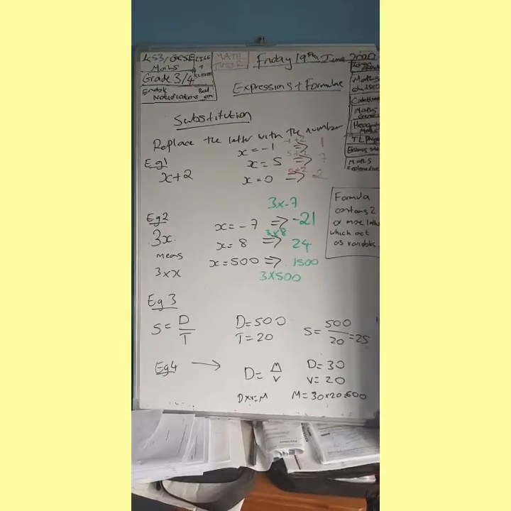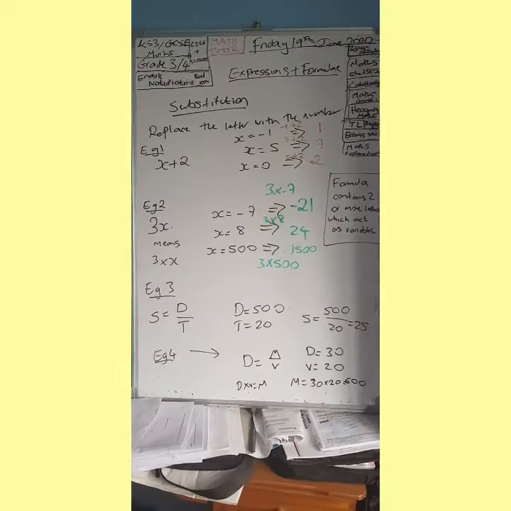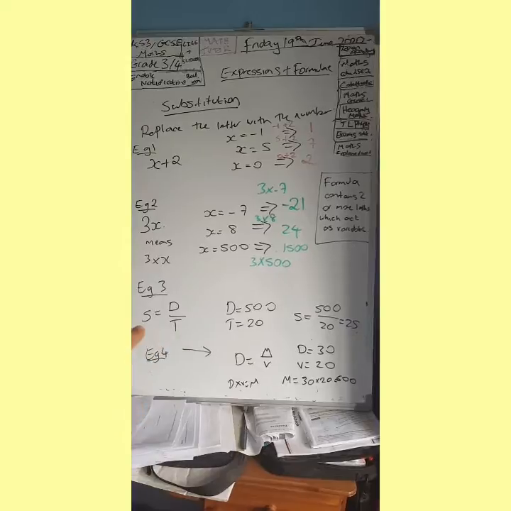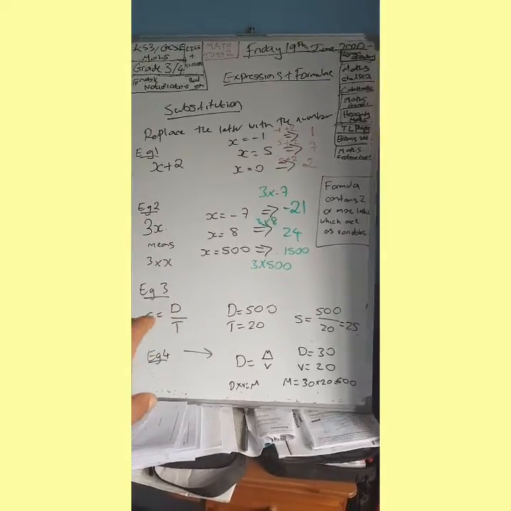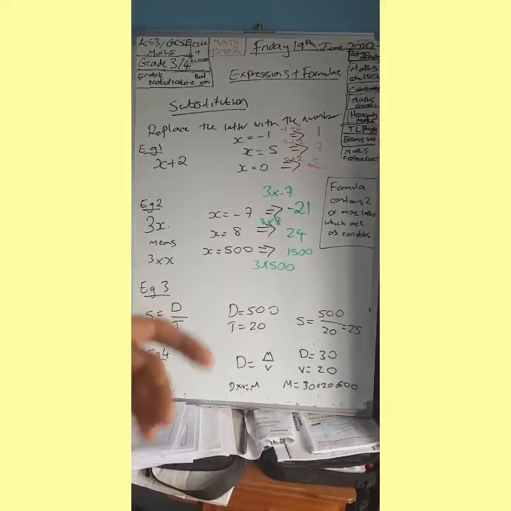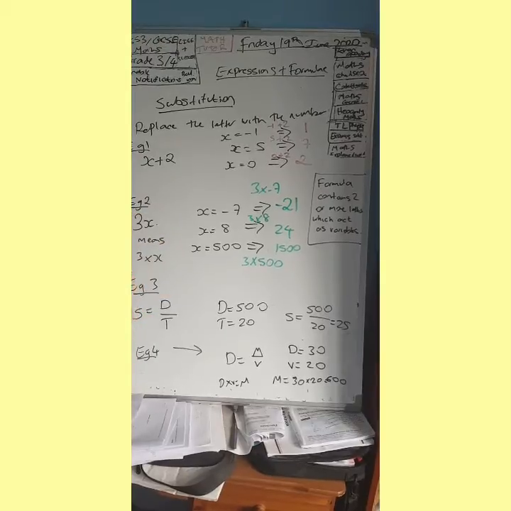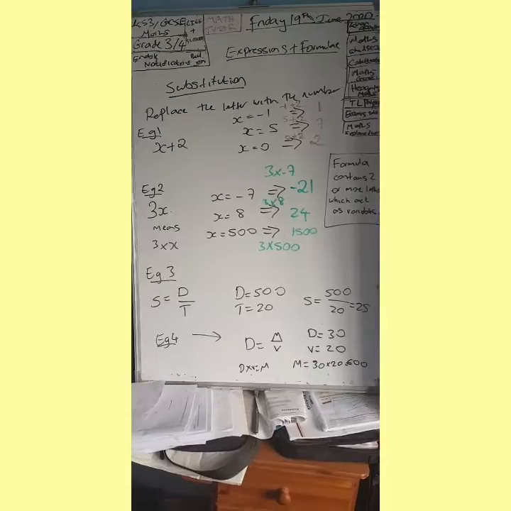Now S depends on what values I pick for D and T. So S, D, and T have an infinite number of values, depending on my chosen letters and values, if that makes sense.